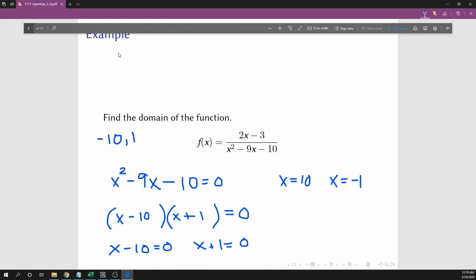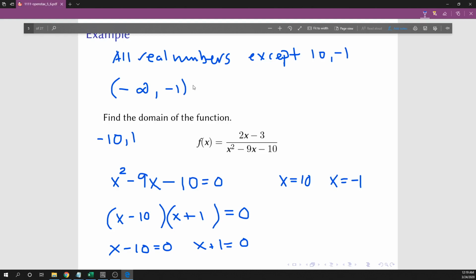So the domain, just in English, would be all real numbers except 10 and negative 1. In interval notation, it would be negative infinity to negative 1, union negative 1 to 10, union 10 to infinity.